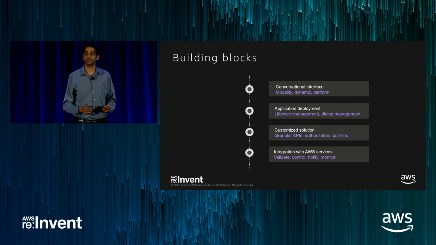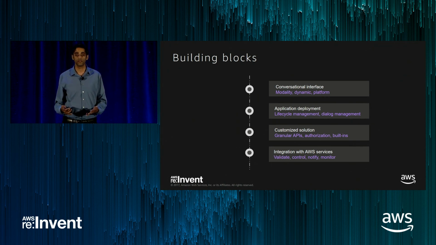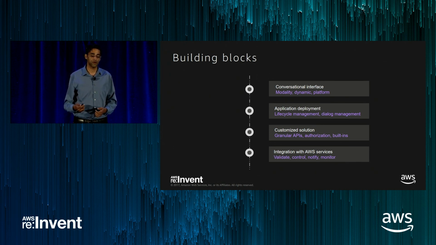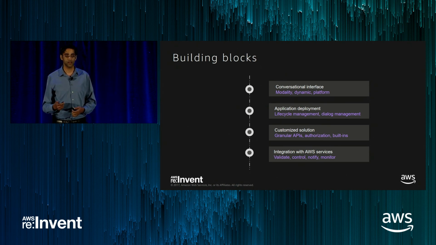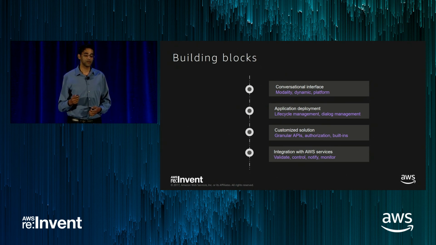Second, like Manju described, the application deployment and application deployment at scale. So you have thousands of customers who are going to use this to build and to connect to bots. So how do you do that from a platform perspective? You need lifecycle management. So that's the second piece that I want to highlight. And the third piece is multi-tenancy.